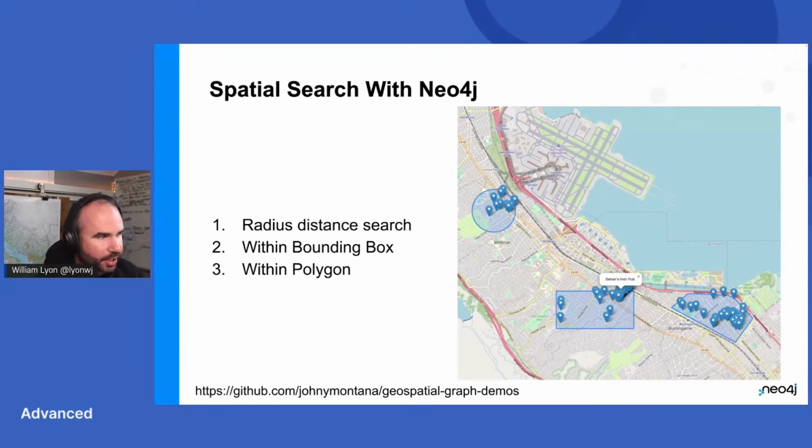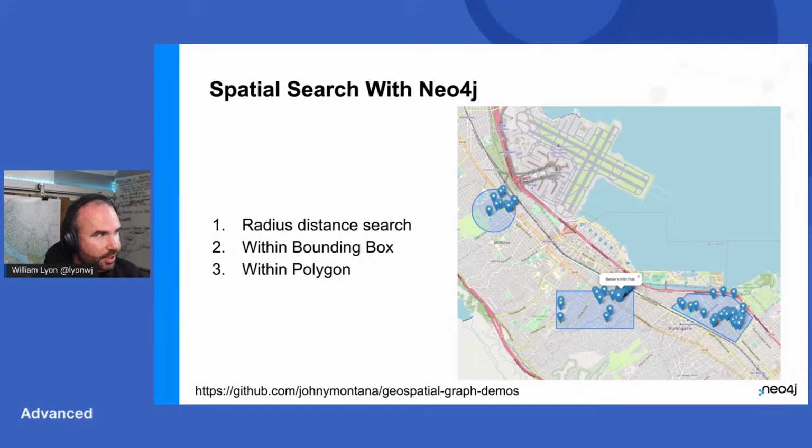We can write those kinds of queries in Cypher, but the spatial search component is kind of the starting point for those types of queries. So I want to find something near me, I want to find something in this certain neighborhood, and so on. So spatial search is important in this case for finding sort of the starting point for some of those traversals.